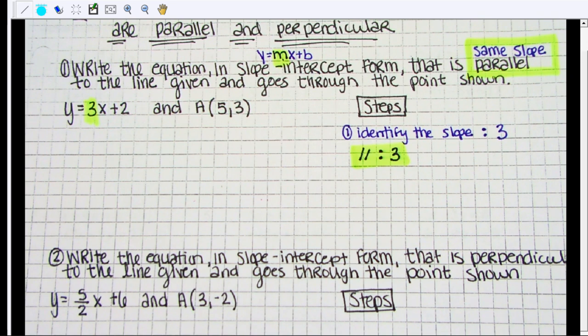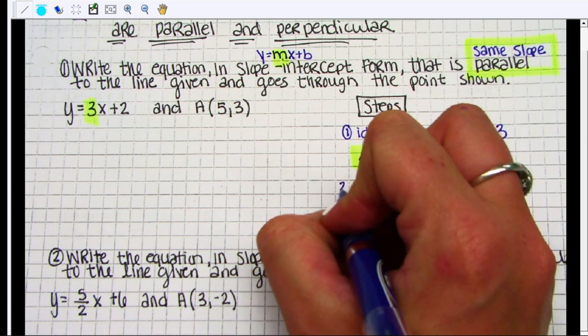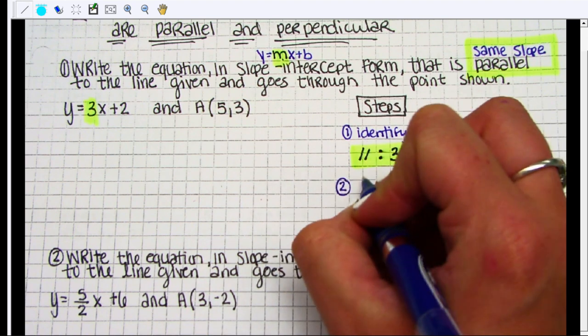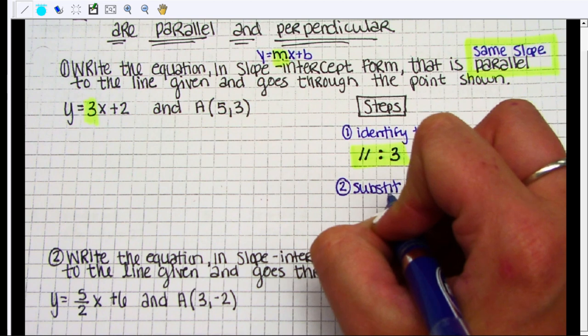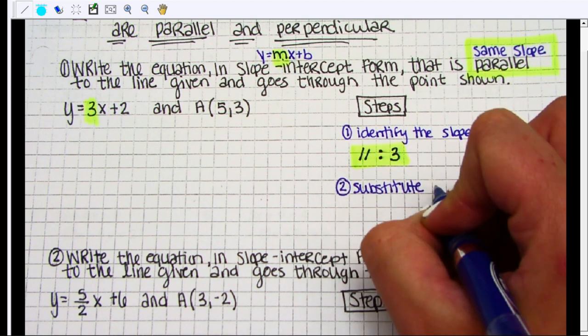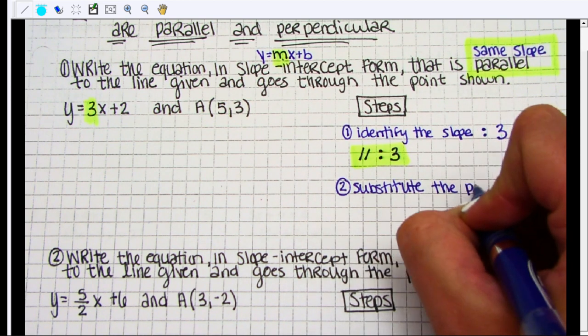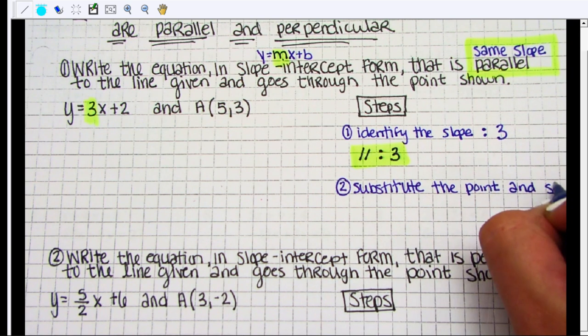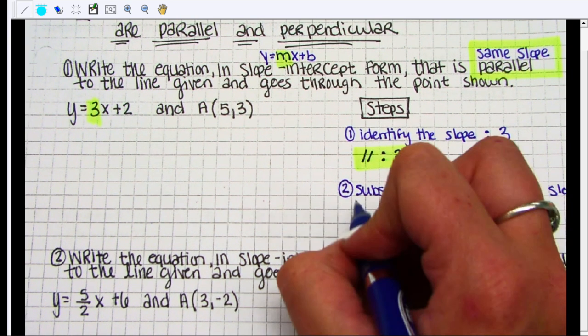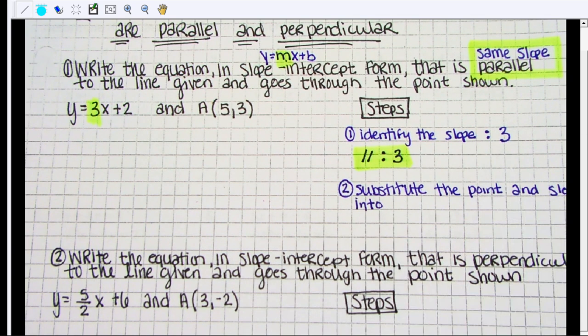Step 2 is to substitute the point and slope into what line equation?